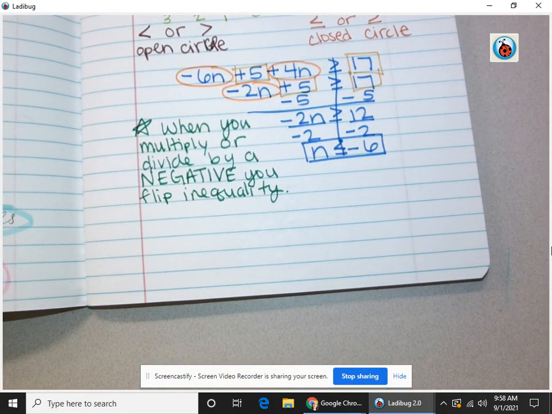Every single time. Okay? This is not like I'm doing it once, I'm done, right? No. Every single time you flip your inequality. And I'm going to show you how that works.